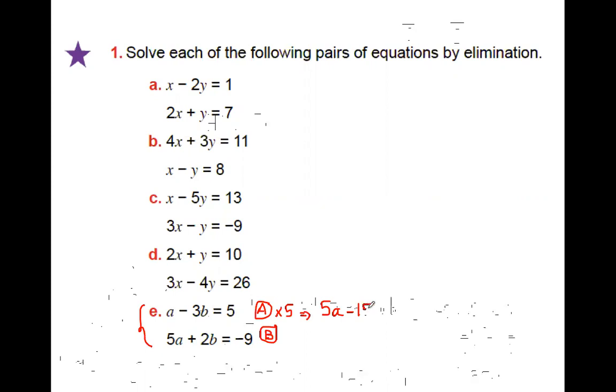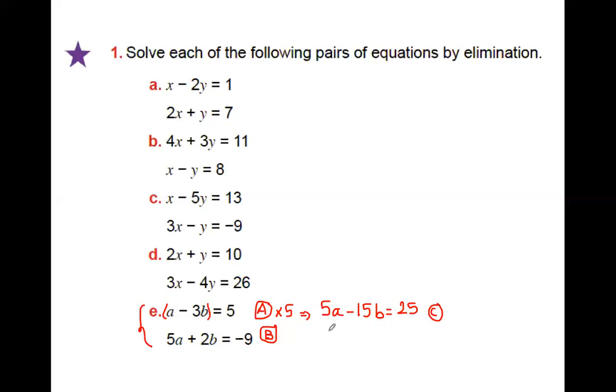Remember, we times the whole side on the left. Equal 5 times 5, 25. We're going to call that C if you want. And at the bottom, I still get 5A because I'm not going to change it.